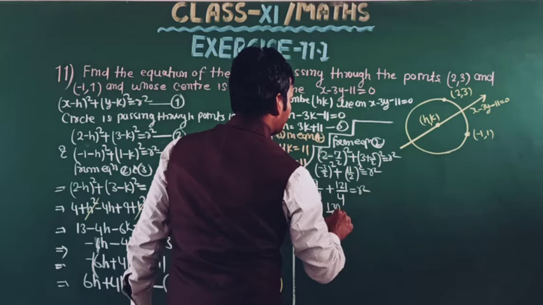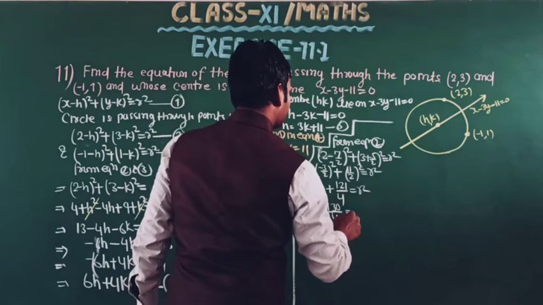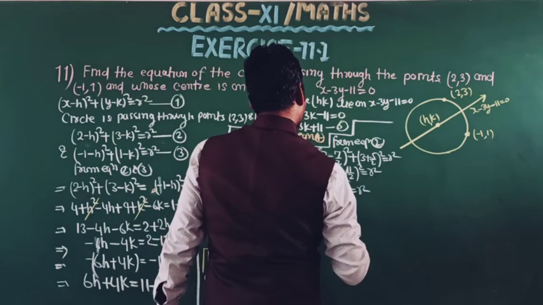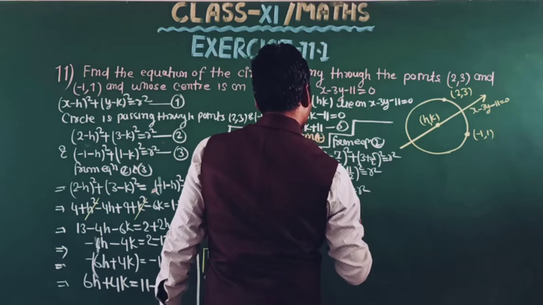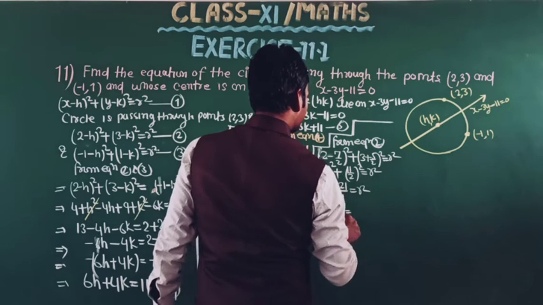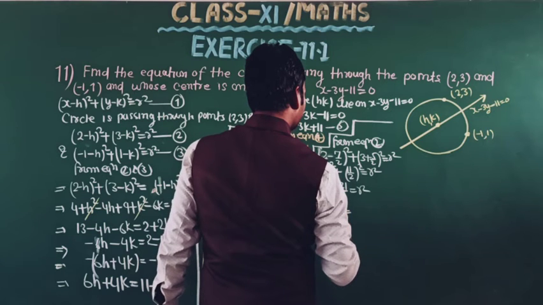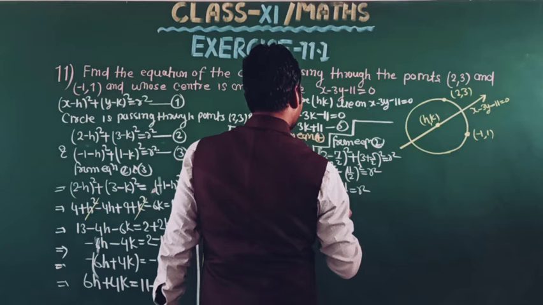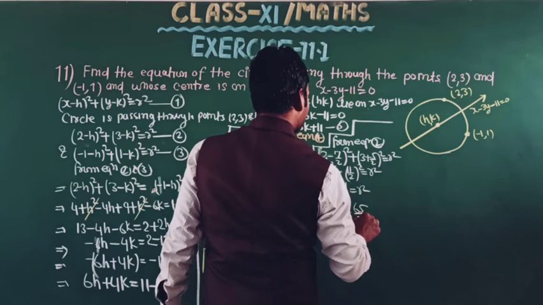Here r square equals 130 by 4, which is 65 by 2.